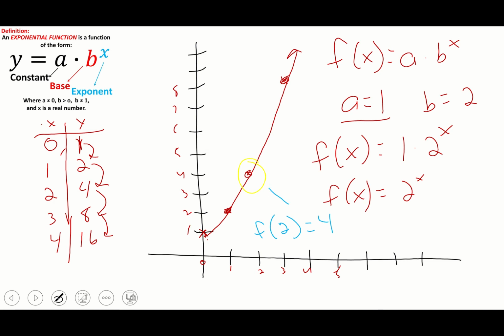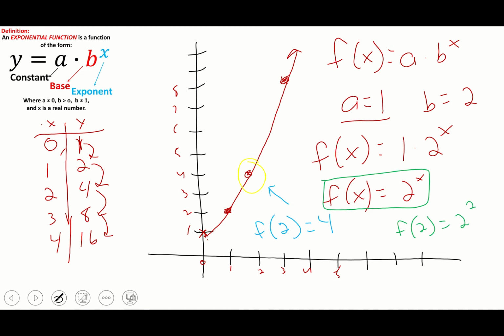Now, why is that? Well, if I were to put 2 into my equation, f of 2 is equal to 2 to the second.